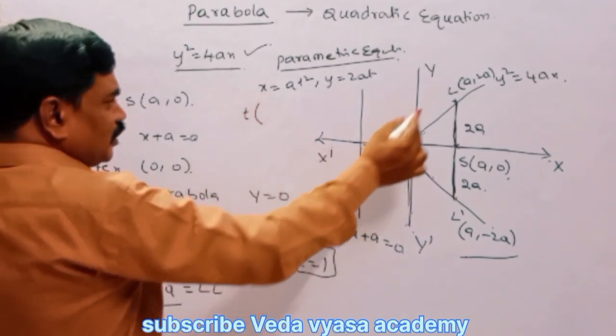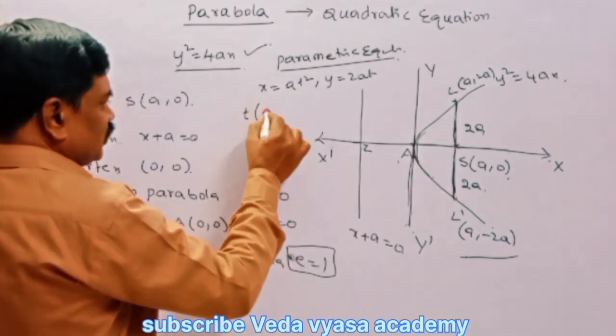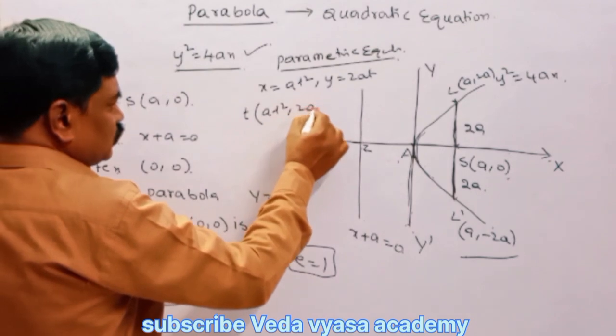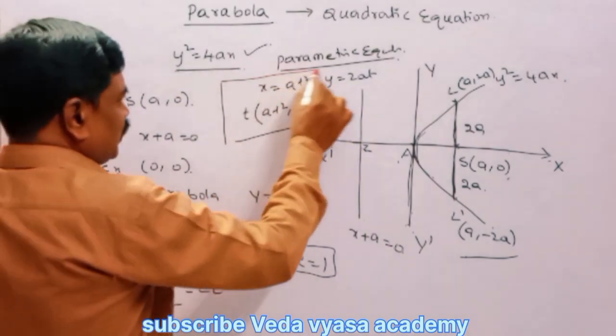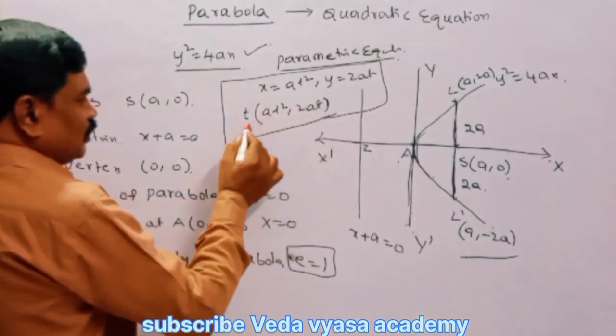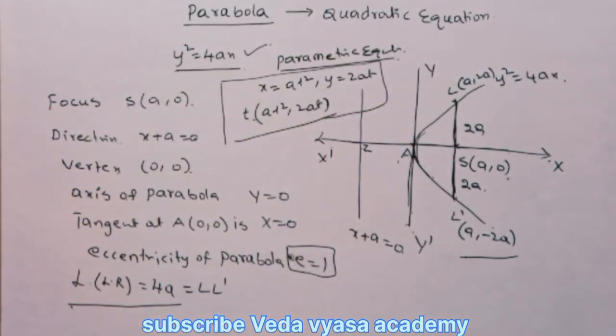Any point t on this curve is (at square, 2at). Point t is on the curve. Parametric form (at square, 2at). This is the very important parametric equation of the parabola. That's all.